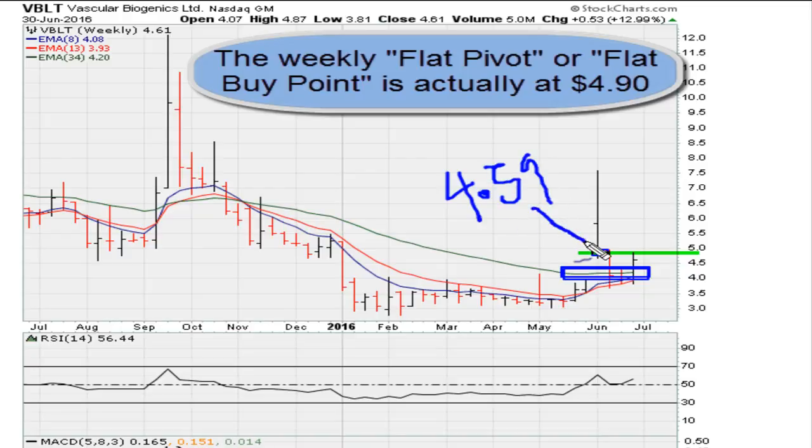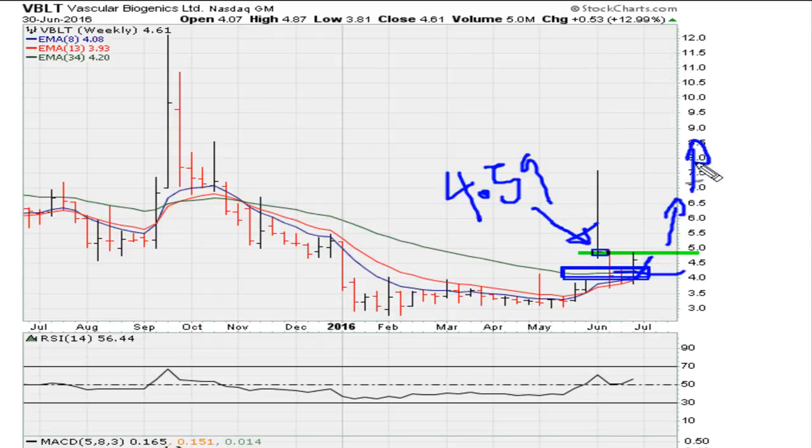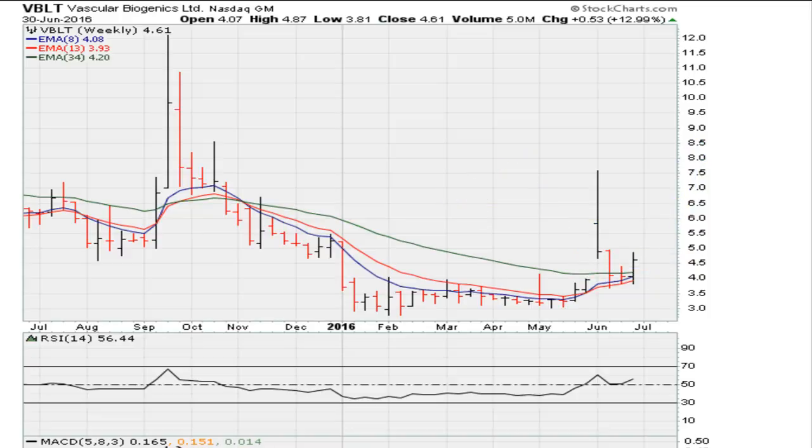Any breakout above this price is going to be another breakout. The only way the moving averages can cross over is with an explosion in price. Remember, if it's a gradual increase, then it's not going to be a very meaningful manipulation of the moving averages. The only way the moving averages can cross over, just like they did here, is with an explosion of prices.